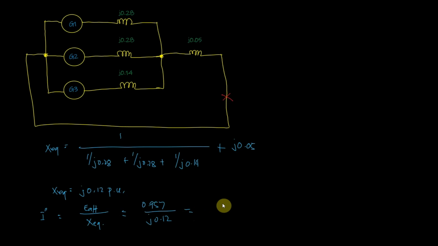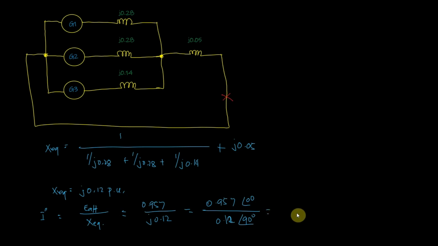So it's equal to 0.957 angle 0 degrees divided by 0.12 angle 90 degrees. Okay?